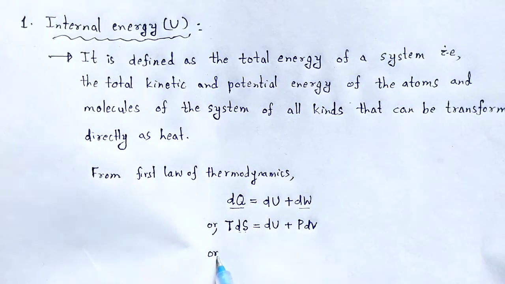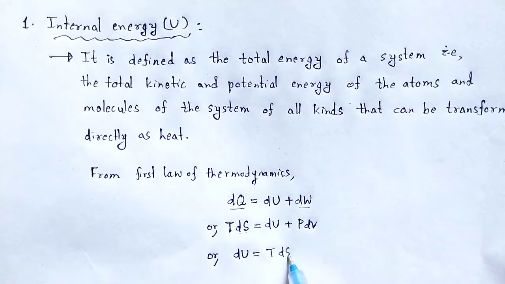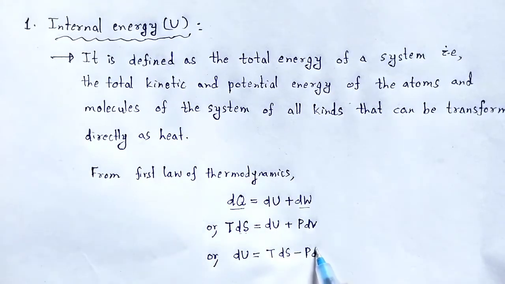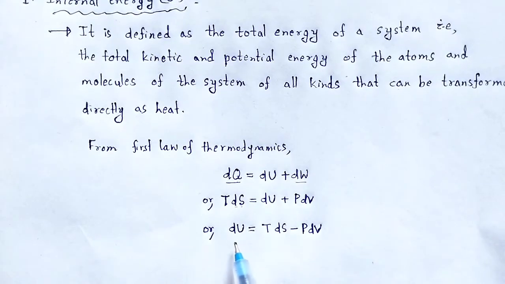So dU is equal to T dS minus P dV. Look at that particular equation here. That means internal energy depends upon change in entropy and change in volume.